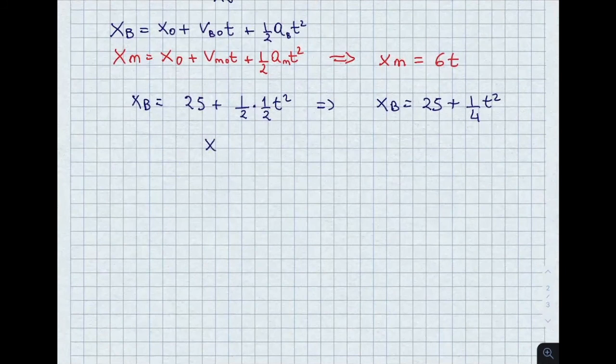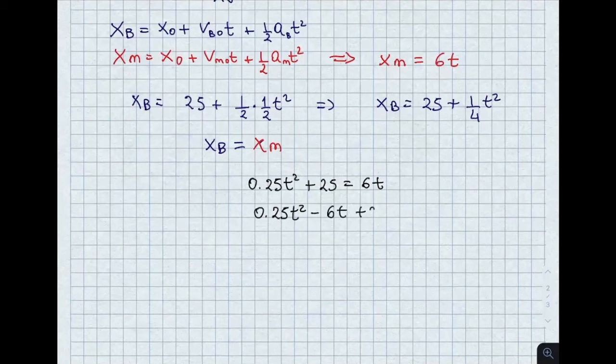If we set xb equal to xm, we get 0.25 t squared plus 25 equal to 6t, so 0.25 t squared minus 6t plus 25 equal to 0.